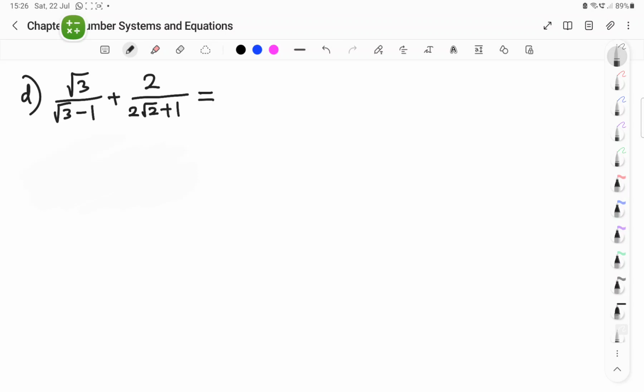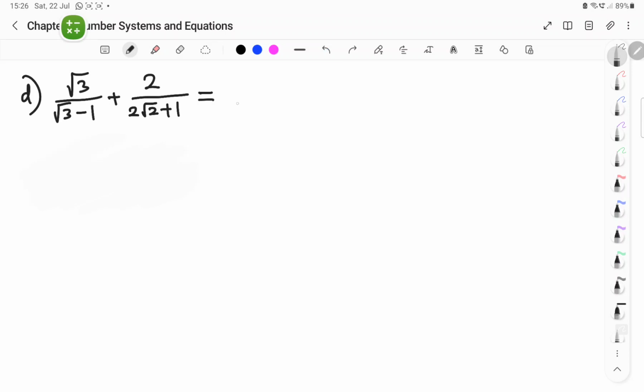So for this one, what we have to do, we have to rationalize the denominator for each fraction first. You cannot cross multiply first because to prevent confusion, especially if the square roots are not the same. This is square root of 3 and over there square root of 2. So very difficult if you cross multiply.